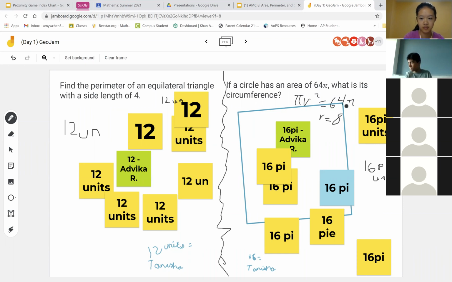Then to find the diameter, we multiply that by 2, so it becomes 16 pi. And for the equilateral triangle, if it has a side length of 4, you just multiply by 3 since all sides are equal, so it becomes 12. Yep, pretty easy.